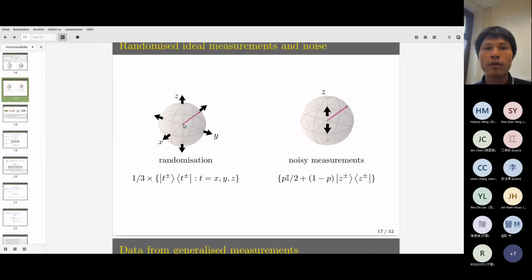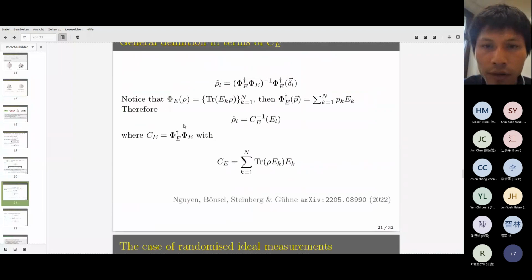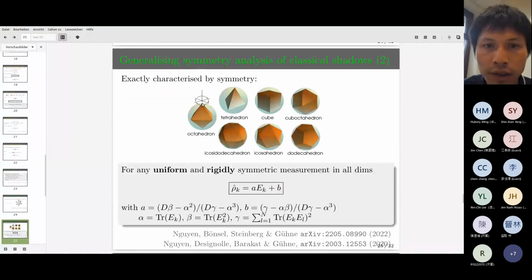In general, some generalized measurements you cannot do like this. For example, the SIC-POVM you cannot do like this. I also plotted it here. For example, this you can do like that, with randomization in this direction, that direction, and that direction. But this tetrahedron you cannot do like this.